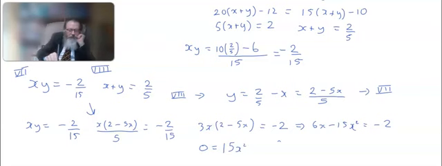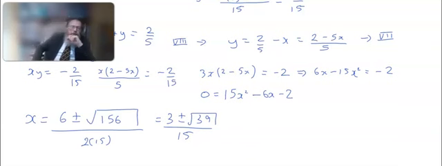And so we now use the quadratic formula, and eventually we discover that x equals 3 plus or minus root 39 all over 15, and we can now use the fact that x plus y equals 2/5 to discover the values of y that go with each respective values of x.